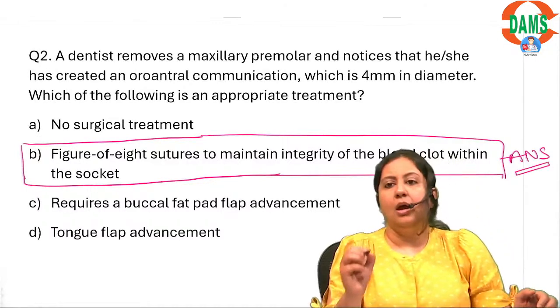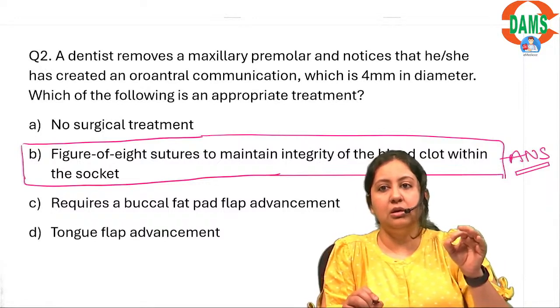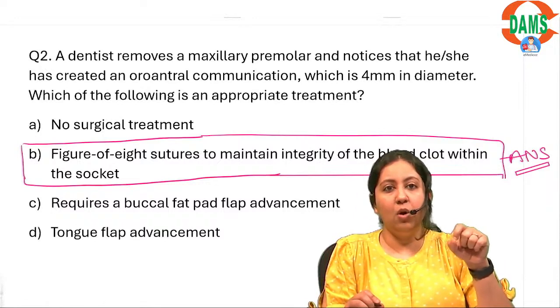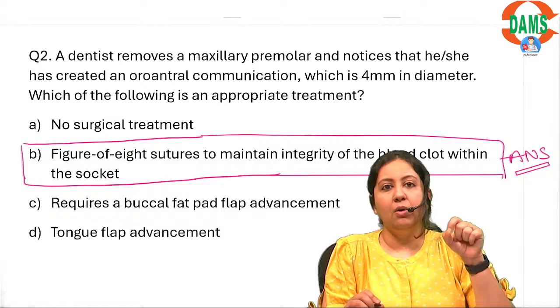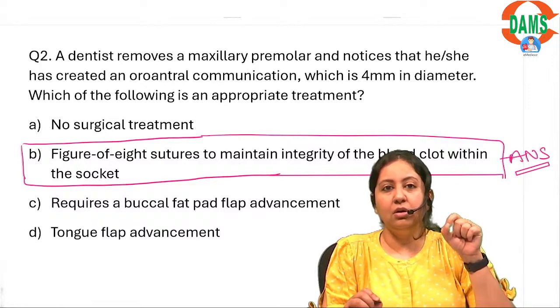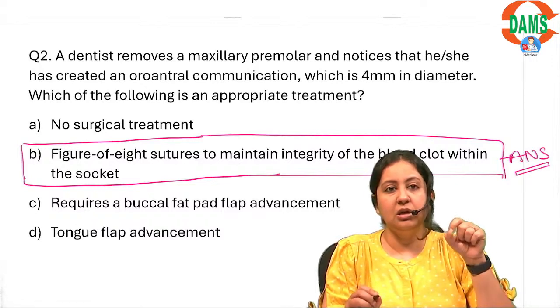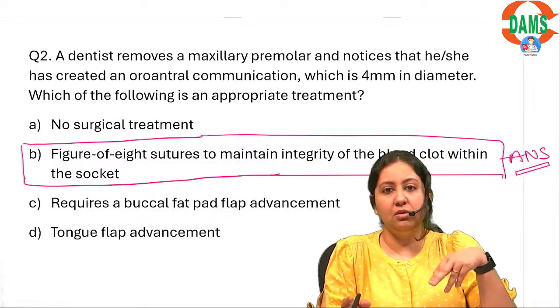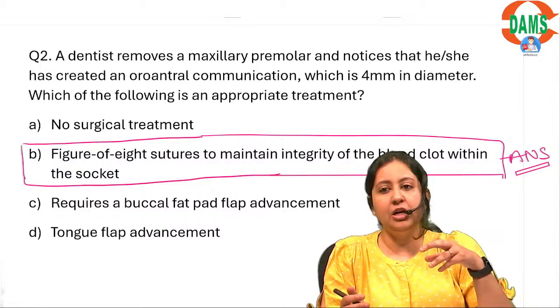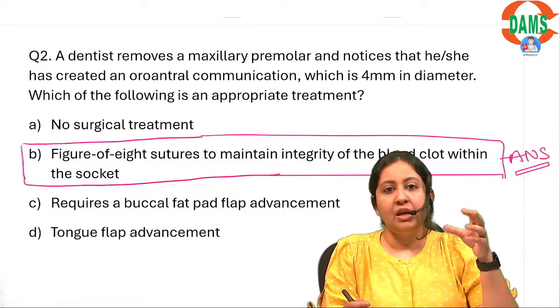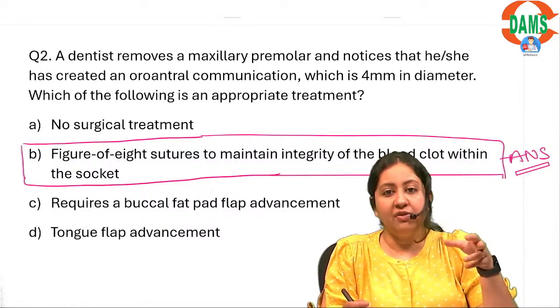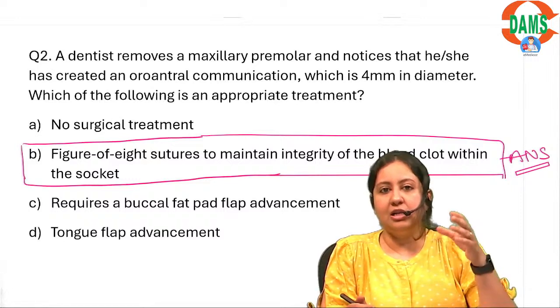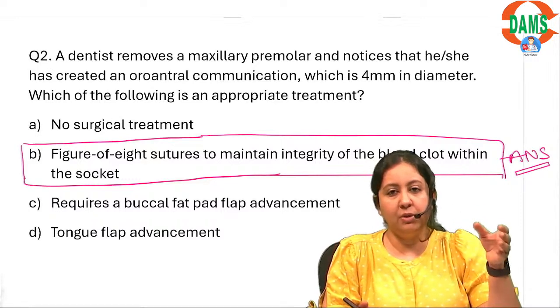Okay. Now, just to tell you all that whenever the question gives the diameter or dimension in terms of 5 mm or 0.5 centimeters, then you will answer as per the older concept which I have told in my class.